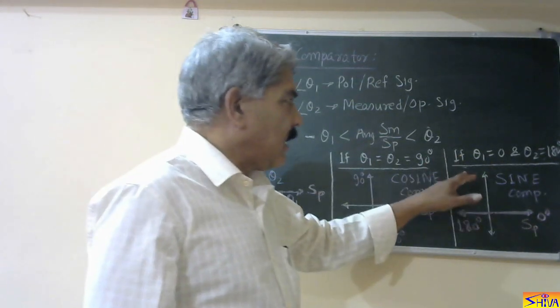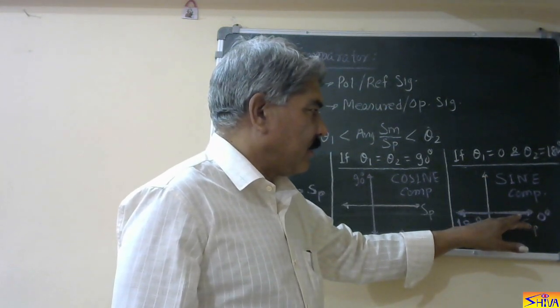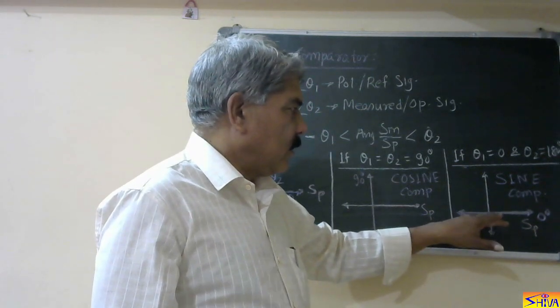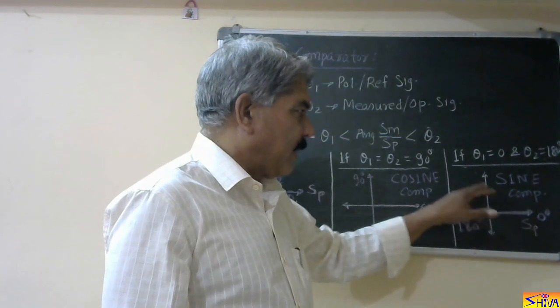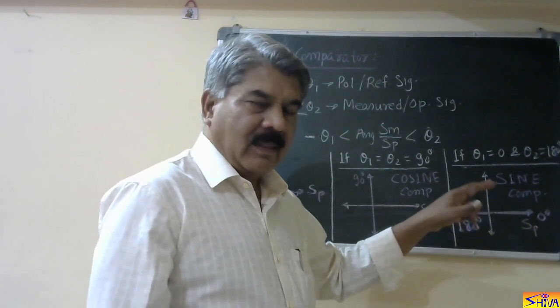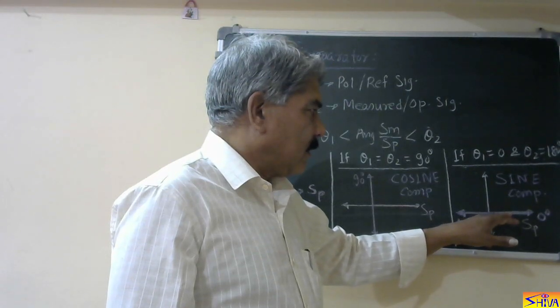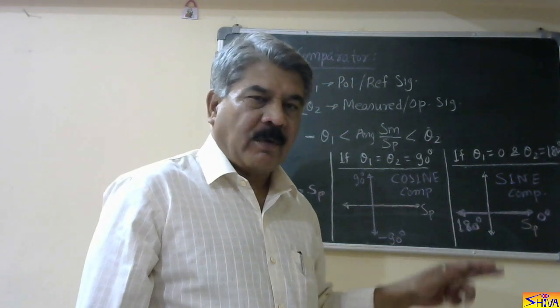If theta 1 is 0 degree and theta 2 is 180 degree, again with the reference signal, then if SM is between 0 and 180 degree, means on the upper half of this complex plane, the relay operates. If we consider the sine of the angle between 0 degree and 180 degree, it is positive.